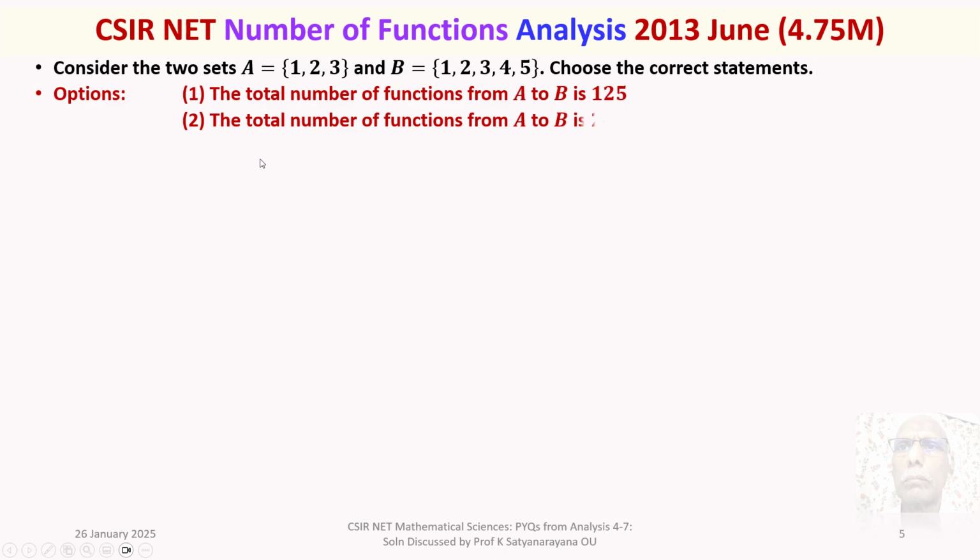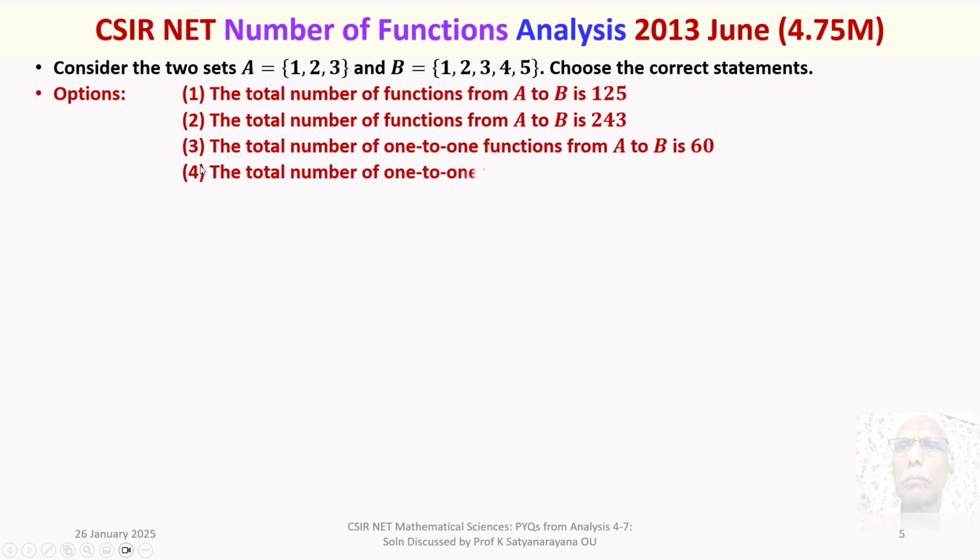Option 2. The total number of functions from A to B is 243. Option 3. The total number of one-to-one functions from A to B is 60. And option 4 gives the number of one-to-one functions from A to B as 120. Let's now discuss the solution of the problem in detail.